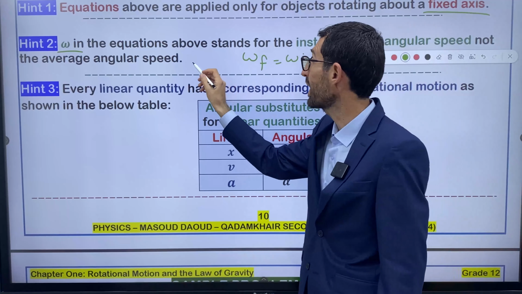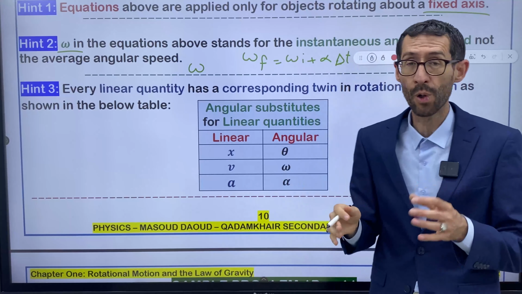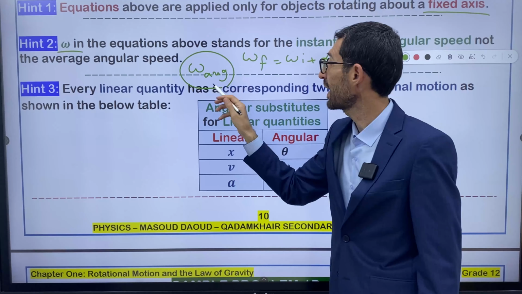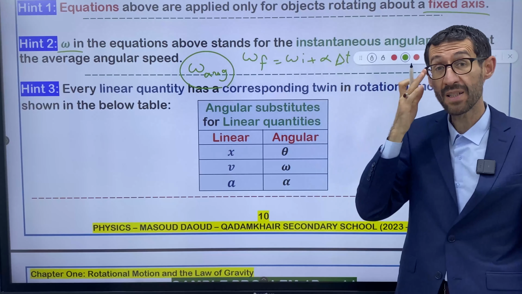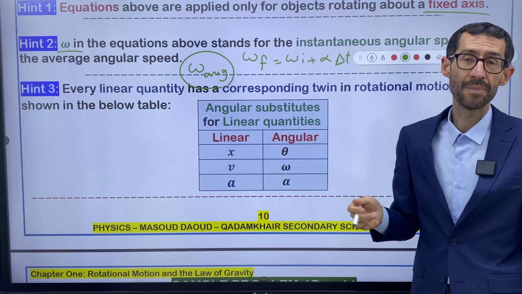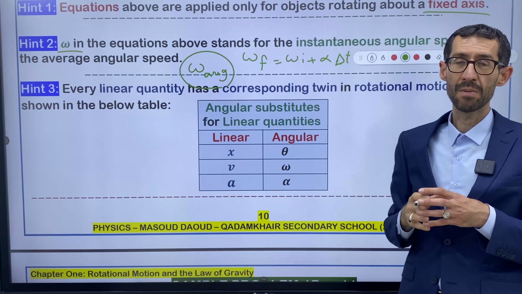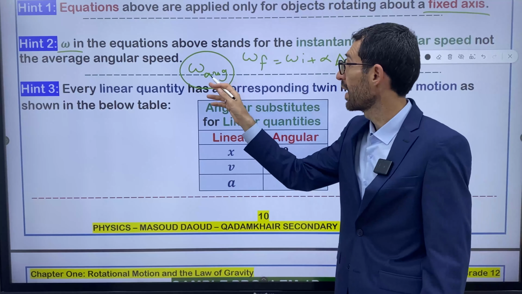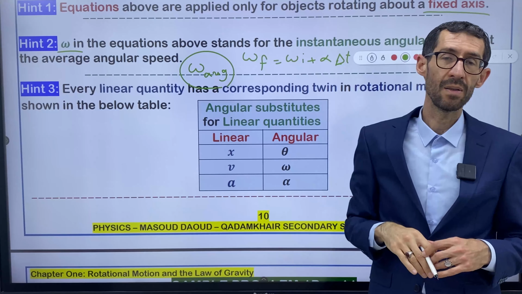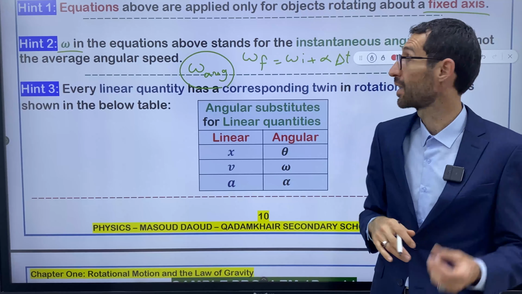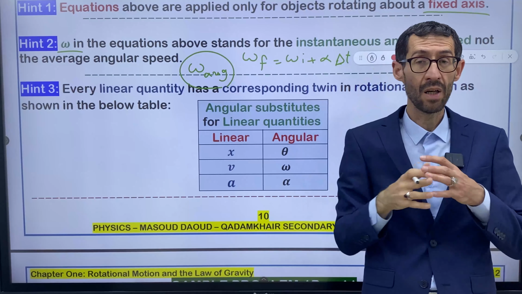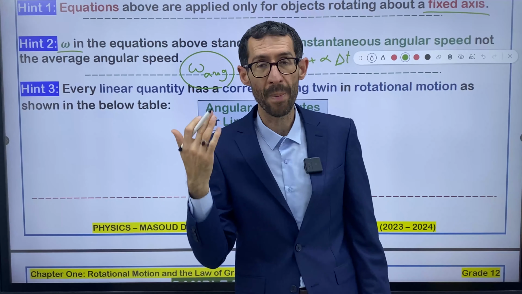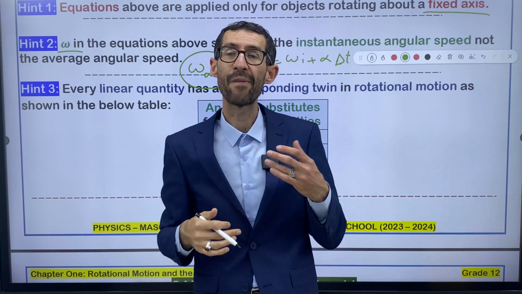But whenever you say omega lonely without any subscript, or omega average, it differs from omega i and omega f, because omega i and omega f are velocities at different moments. Omega average means a constant speed during the whole motion. So this is the difference between instantaneous angular speed and average angular speed.